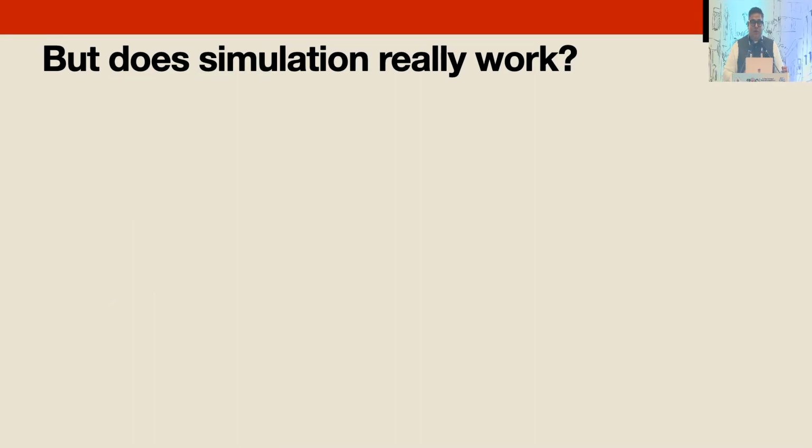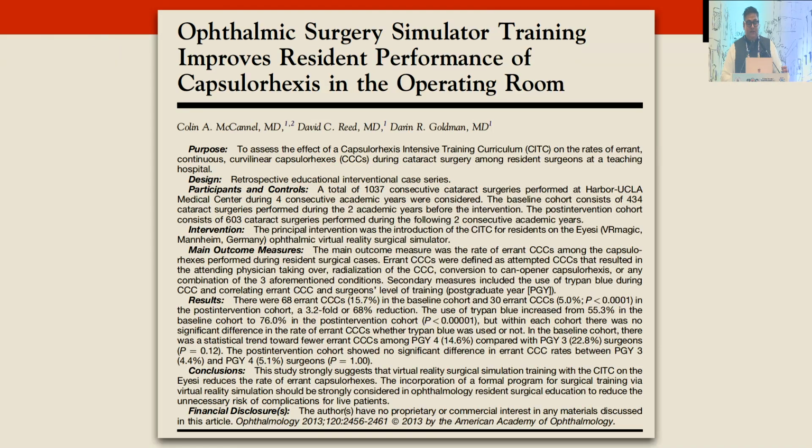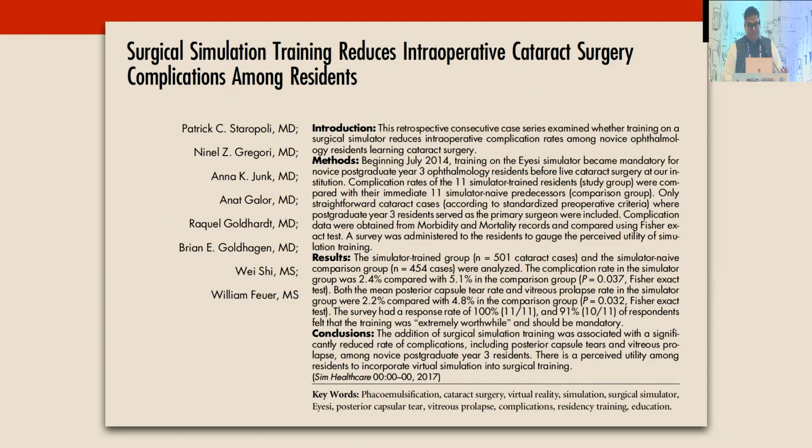But does simulation-based training really work? Here I am talking about the simulator, but does it work? There are actually many studies that have shown that ophthalmic surgical simulator training improves the performance of capsular access. So in this study, they had a group of trainees perform capsular access. They had a 15% complication rate. They learned capsular access on the simulator, and their complication rate went down by 50%.